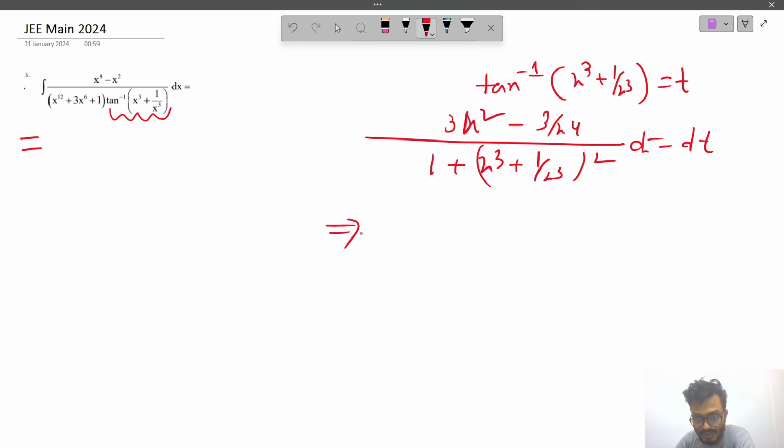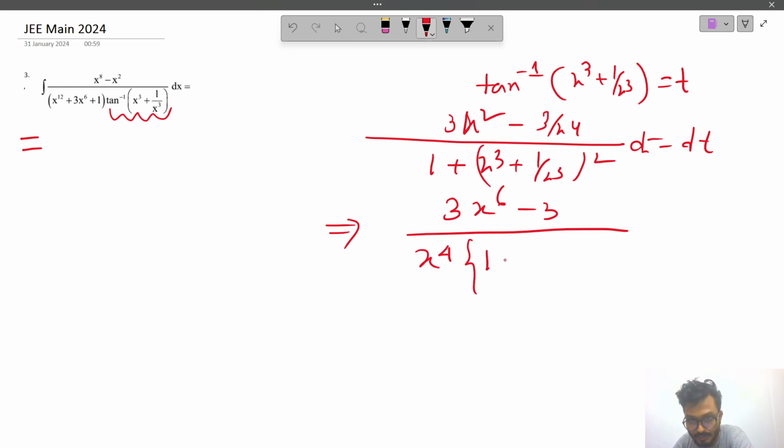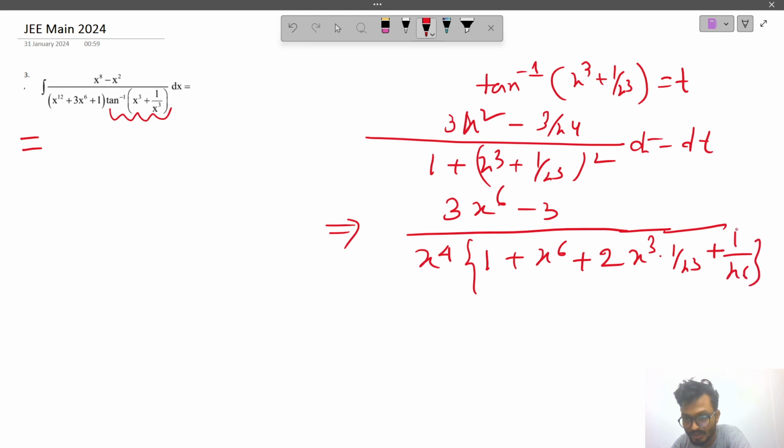So this implies that what we get? (3x⁶ - 3)/x⁴ into 1 + x⁶ + 2, so this is 2 into x³ into 1/x³ plus 1/x⁶, dx equals dt.